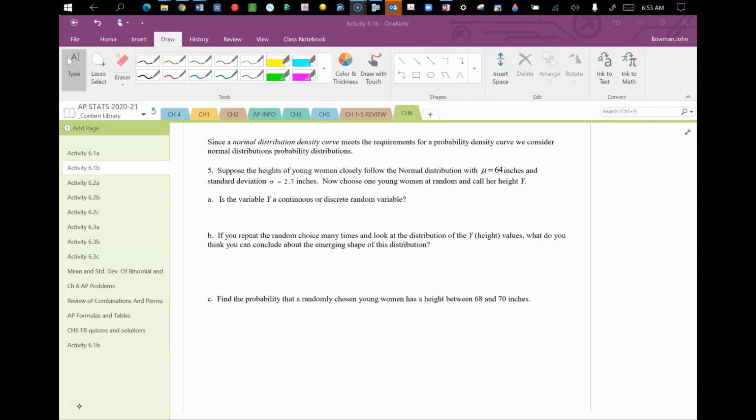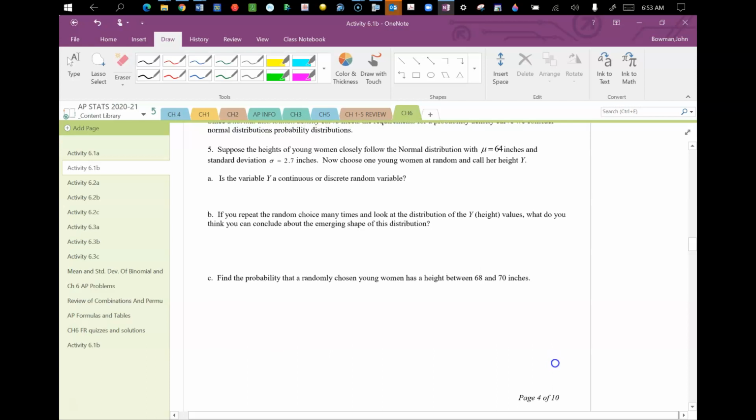Part C asks to find the probability that a randomly chosen young woman has a height between 68 and 70 inches. So it would look like this. The probability that the random variable y, women's height, is greater than 68 inches and less than 70 inches is the same thing as converting it to a z-score by subtracting the mean, which is 64, and dividing by the standard deviation, which is 2.7.